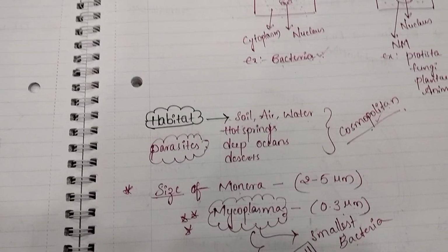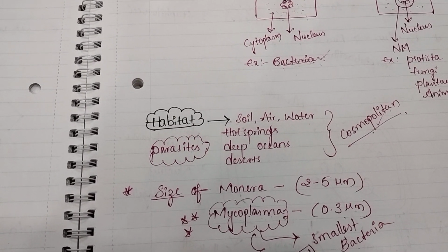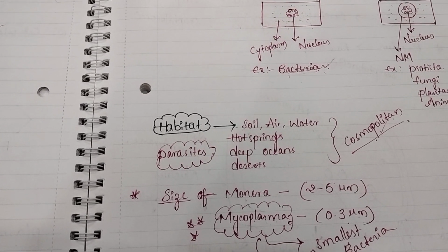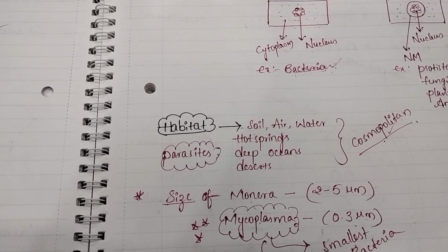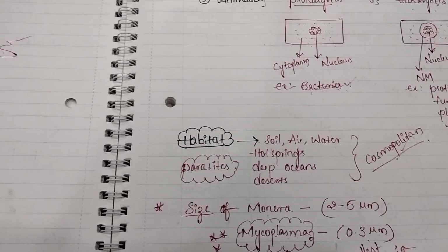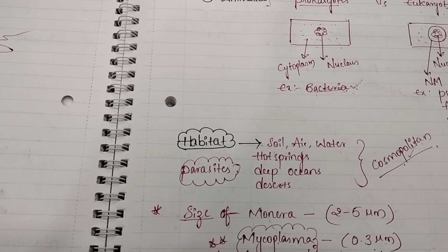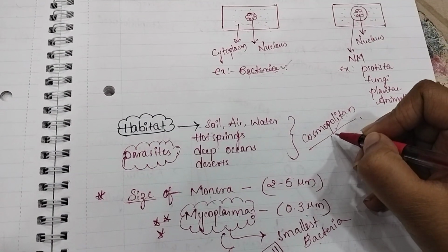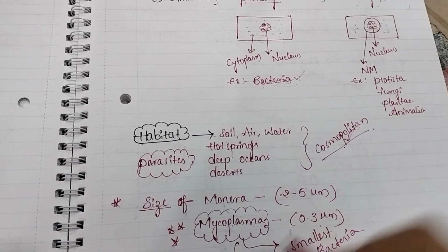If you see the bacteria, where do the bacteria live? Bacteria can live in soil, air, water, hot springs, deep oceans, deserts, etc. So they can live almost everywhere, right? Since they live everywhere, they are called cosmopolitan organisms.